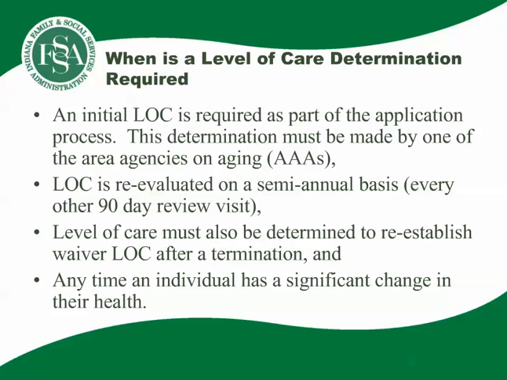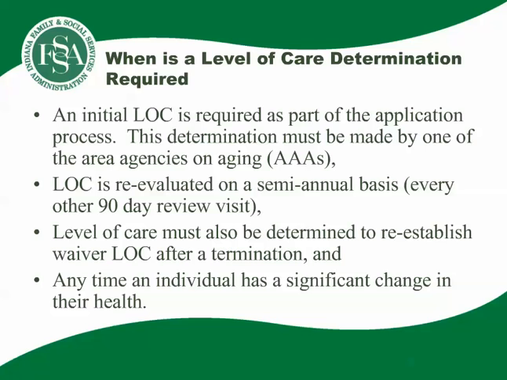When we're doing those initial level of care determinations, that determination must be made by one of the area agencies on aging. We also have independent case management entities that provide case management services for our waiver recipients. They cannot make the initial level of care determination, though. That must be done by AAA staff.